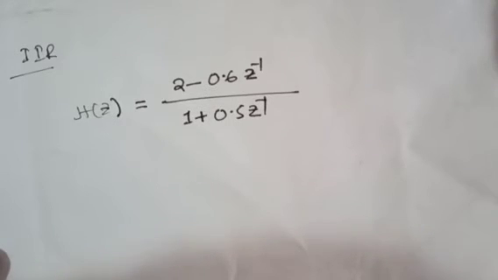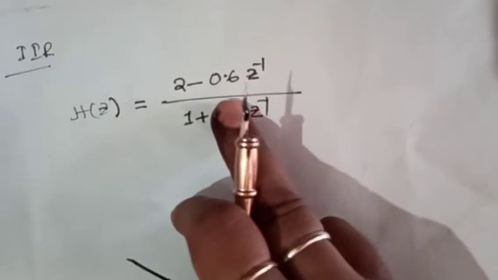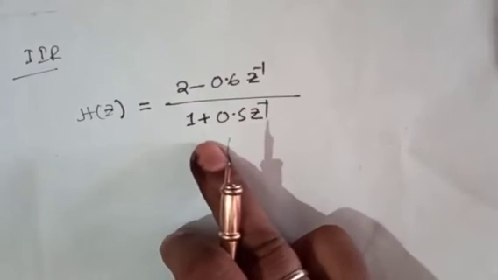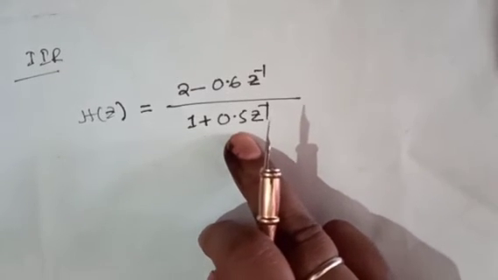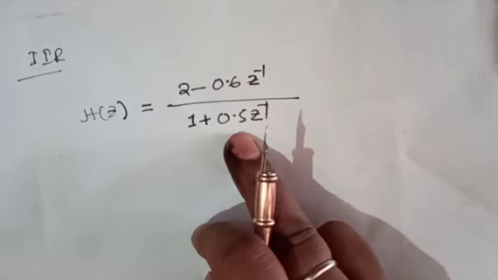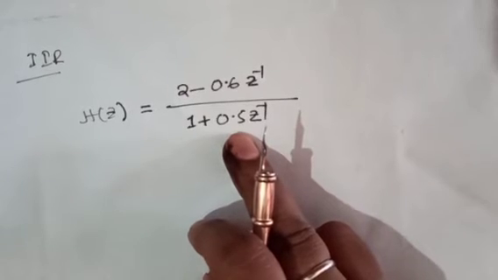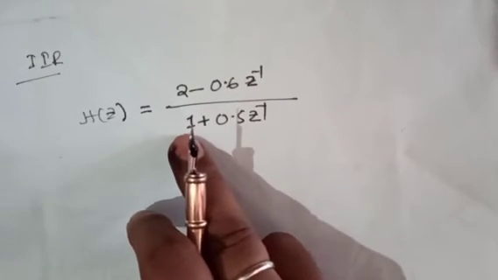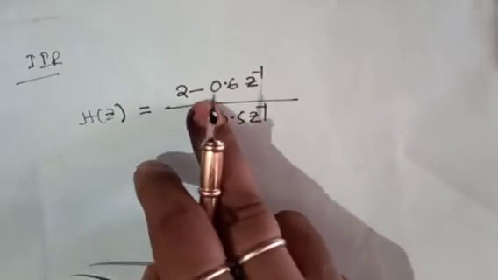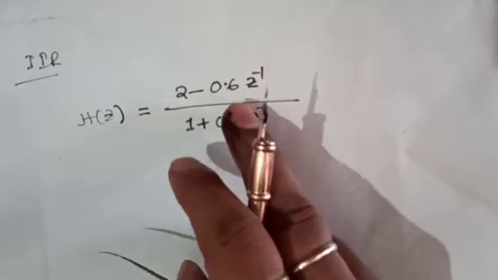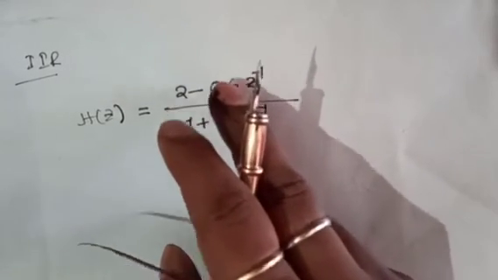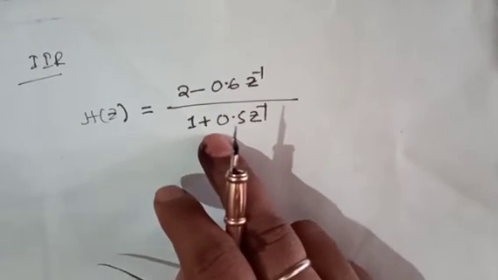Now, if we divide this 2 minus 0.6 z inverse by 1 plus 0.5 z inverse, you will see a polynomial of infinite length, infinite degree polynomial. So that means it is not completely divisible. That's what I already mentioned.